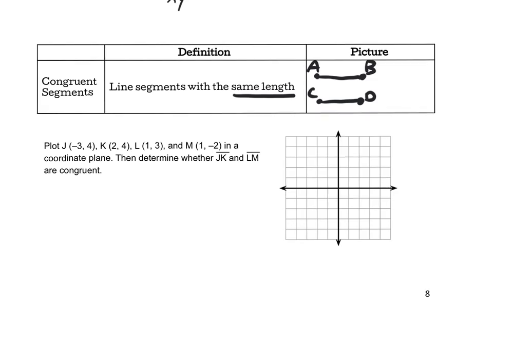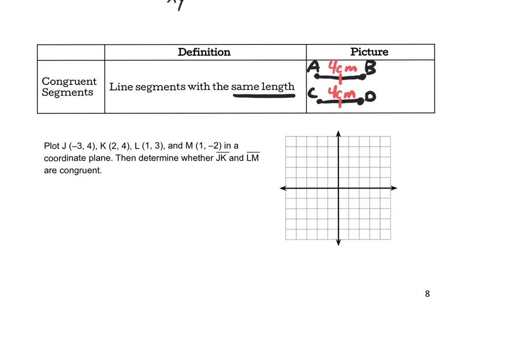If I tell you that this one is 4 centimeters, and I tell you that this one is 4 centimeters, then what we are going to say is that those two are congruent. And if they are congruent, we are going to put this marking on here, and this marking tells me that those two are congruent.